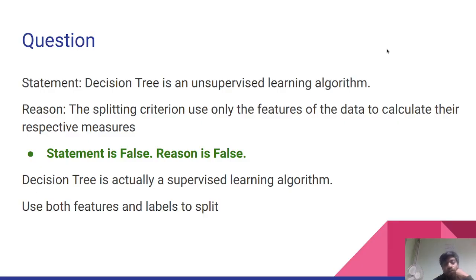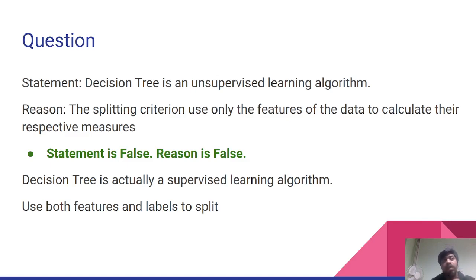But if the statement is true, the reason may be false or true. Yeah, that is correct. That means if the statement is false, there is no need to see the reason, as it will also be false. Can you conclude like this?